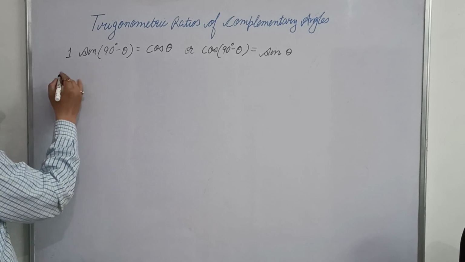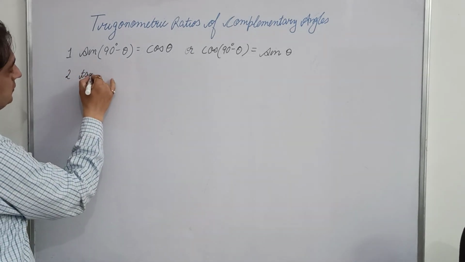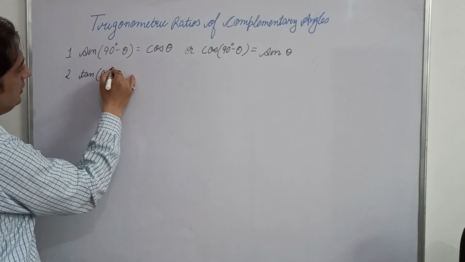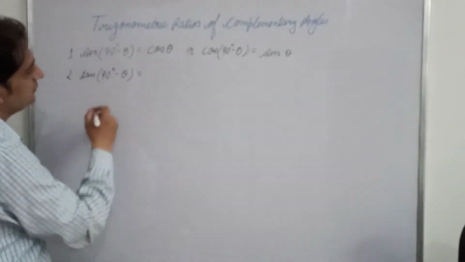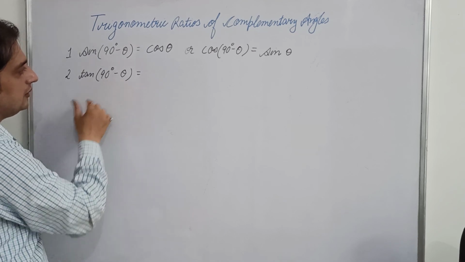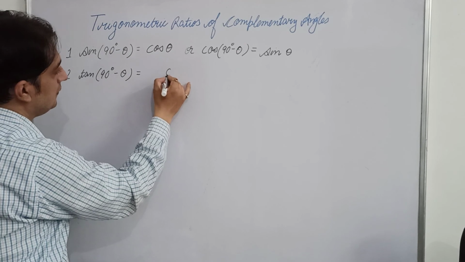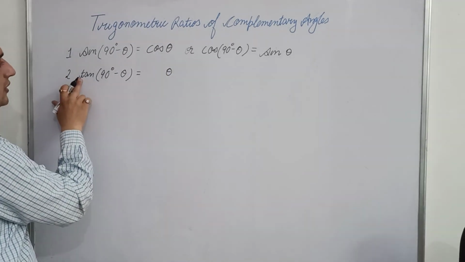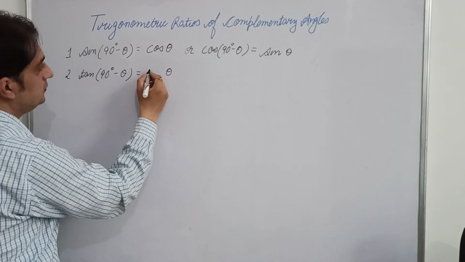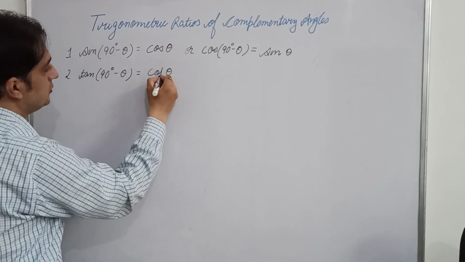And the second, you can write the tangent of 90 degrees minus theta. Here the complementary angle of 90 minus theta is theta, and the tangent is converted to cotangent.